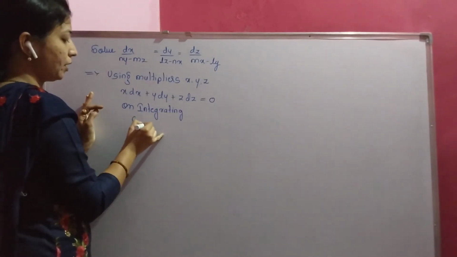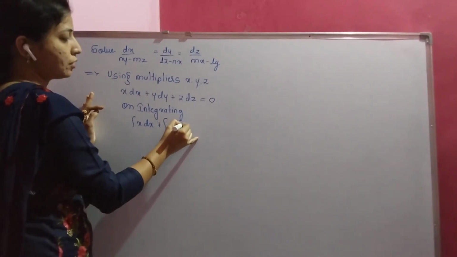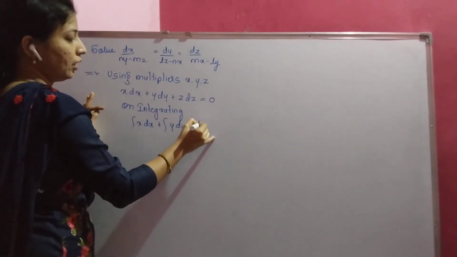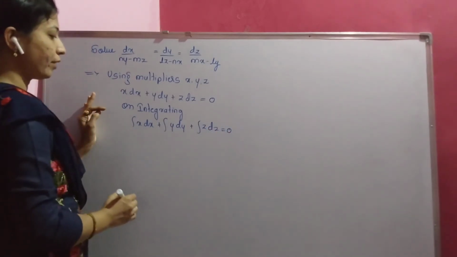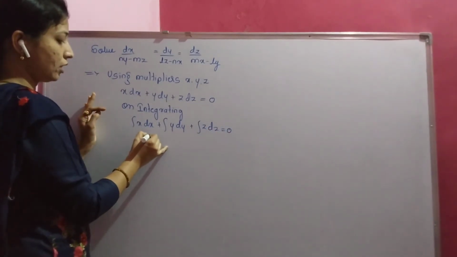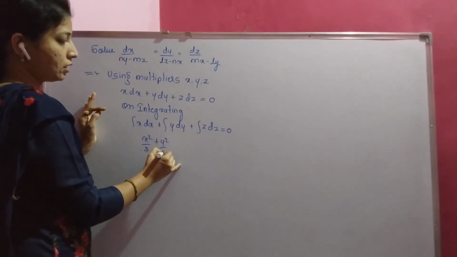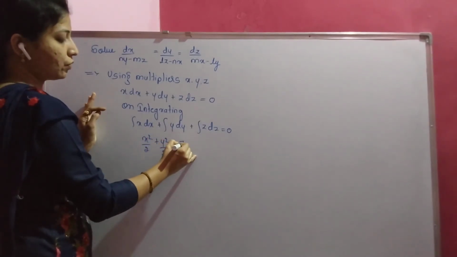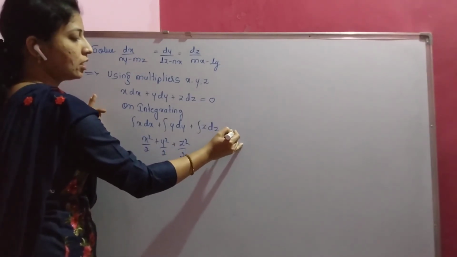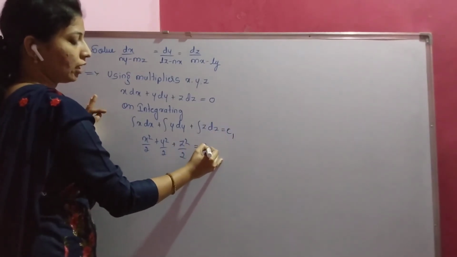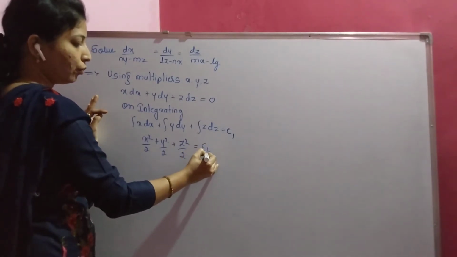The next, on integrating, integration of x with respect to x, integration of y with respect to y, plus integration of z with respect to z is equal to 0. So the integration of x is nothing but x square by 2 plus y square by 2 plus z square by 2, and here we can write the integral constant as c1 divided by 2.